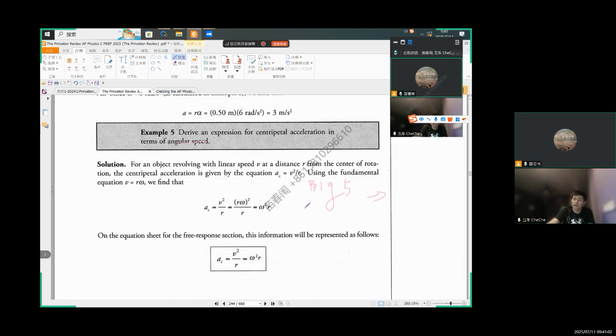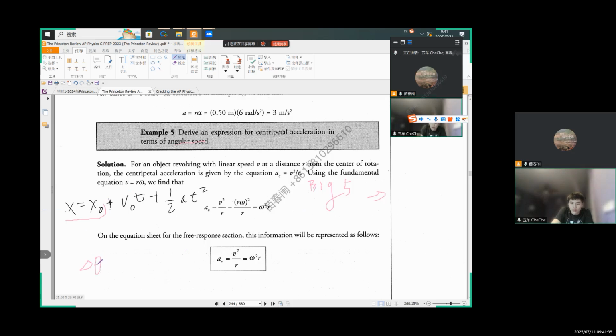For example, what's our big 5 from before? Maybe this one: delta x equals v0 t plus one half a t squared. This is delta x, so we can just say delta theta, the change in theta.